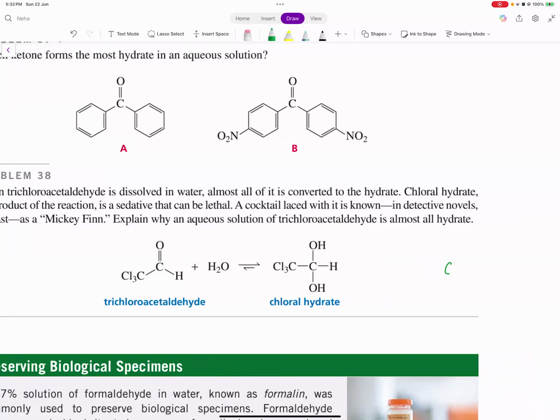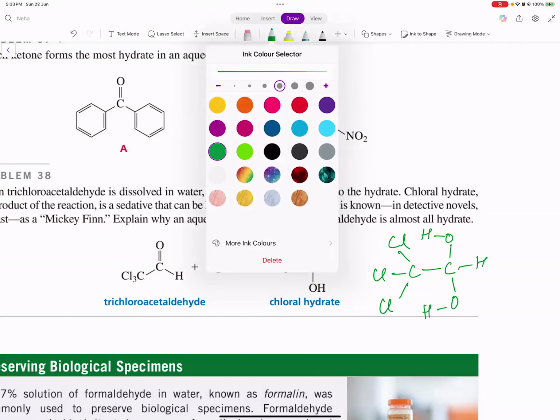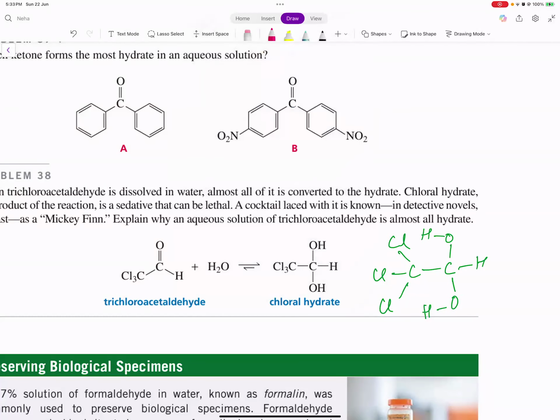In this particular case, it will look something like this: C, Cl, Cl, Cl, because these chlorines are also electronegative. OH. Although hydrogen bonding is not normally found with chlorine, here it is, because there are so many chlorines withdrawing, so the chlorines are getting a sufficient positive charge. So that is why this hydrogen bonding is going to exist.